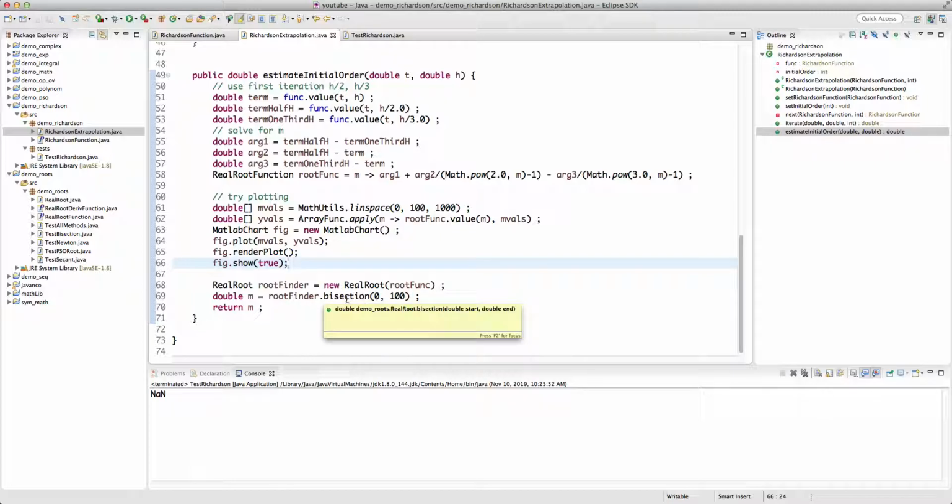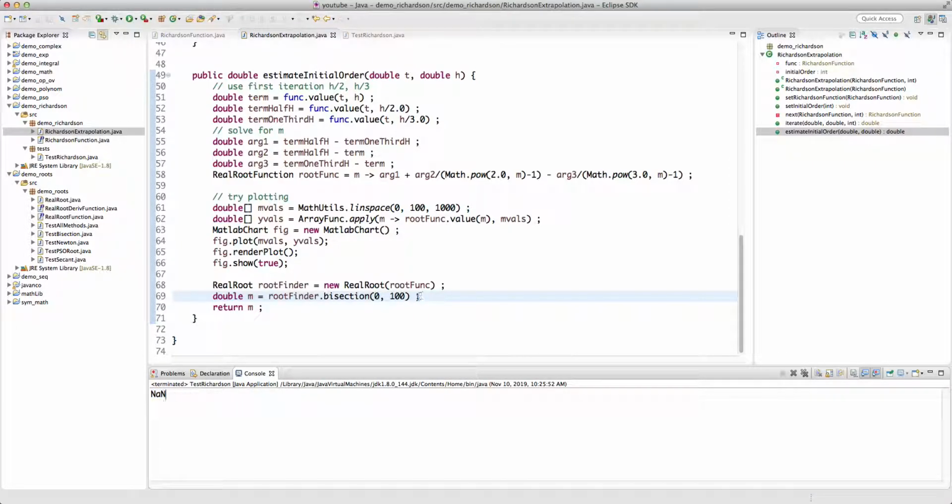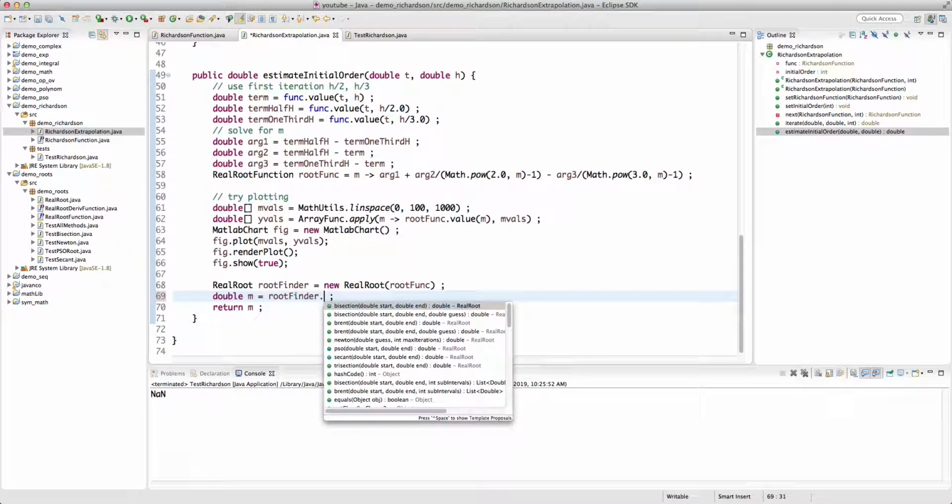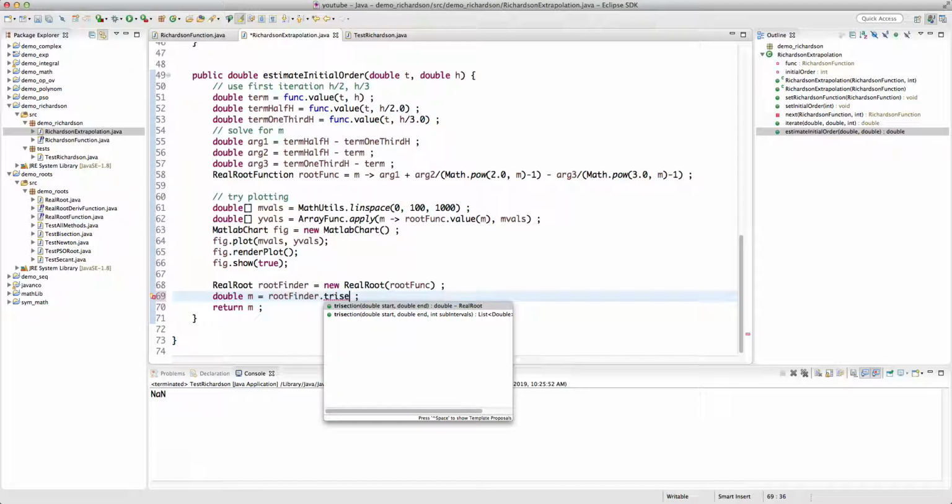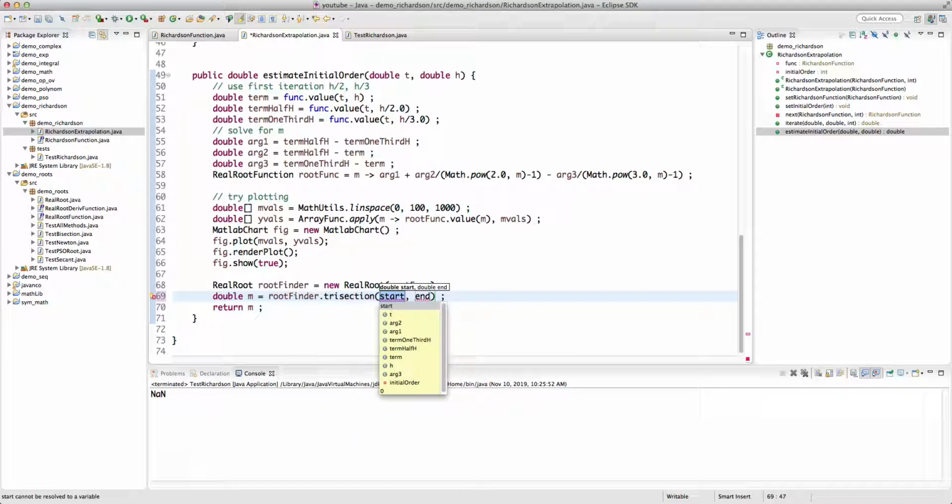So we are saying root finder from 0 to 100. Okay, that's odd. Let's try another method, for example, bisection. 0 to 100.